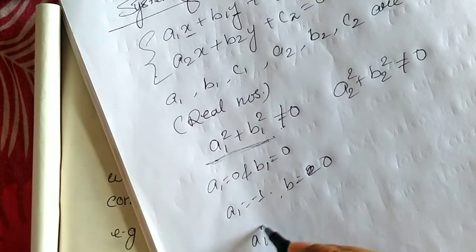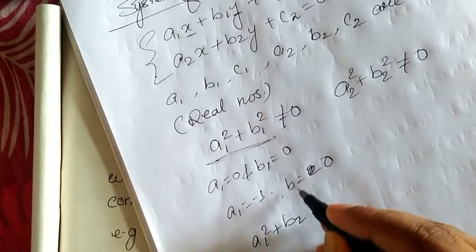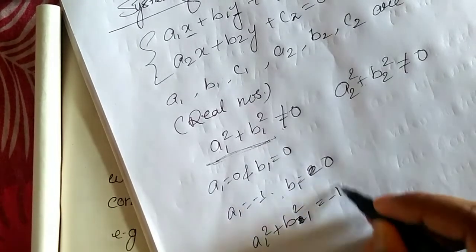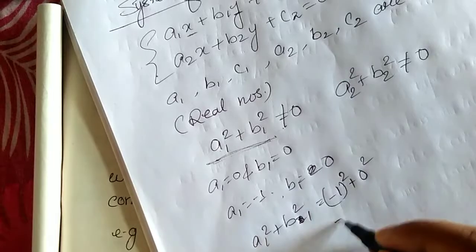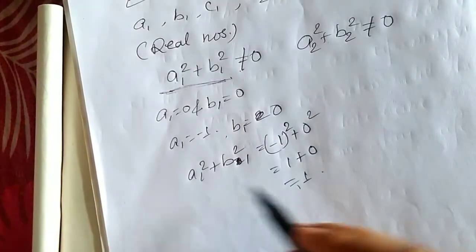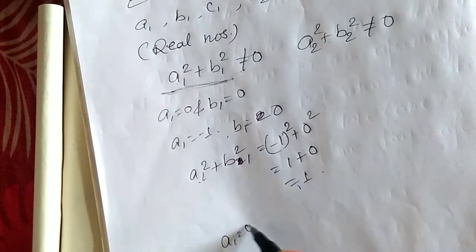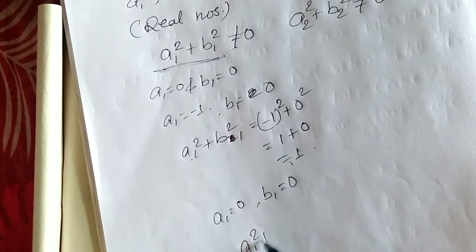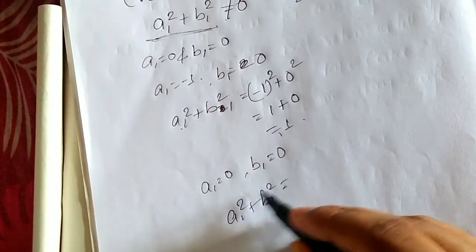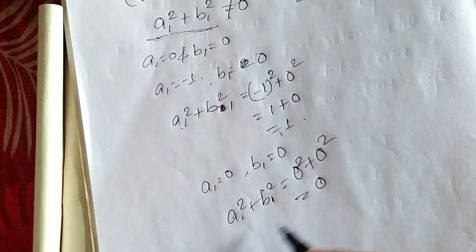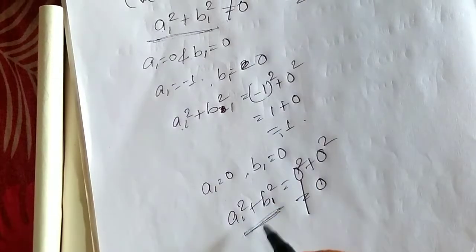If you square them up, you get -1 square plus 0 square, so it's 1 plus 0, which is 1. So this is going to be 0 only when both of them are 0. If a1 is 0 and b1 is also 0, only in that situation will this give you 0. Otherwise in no situation will you get 0. That's why I said this will not be 0.